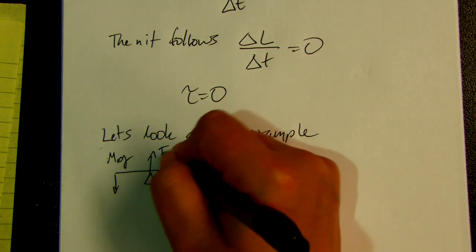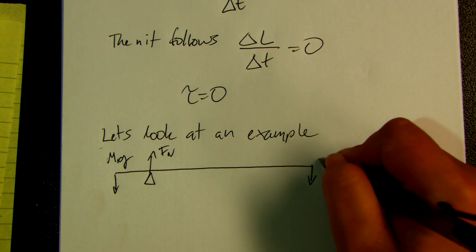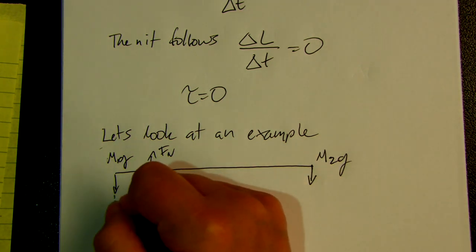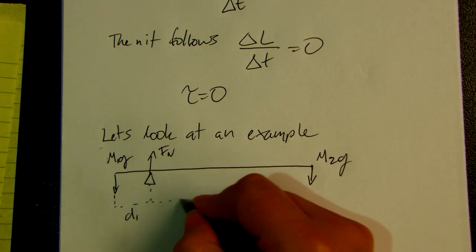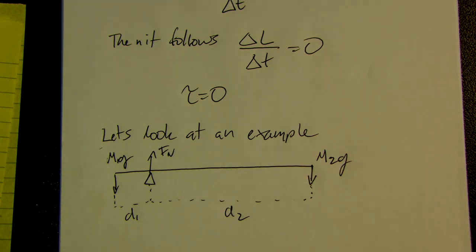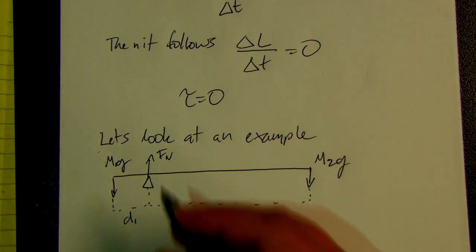You've got the normal force going up at the axle, and M2G going down. As you'll see, these people do not have the same mass. Person 1 is sitting distance 1 from the fulcrum point. Person 2 is sitting distance 2.